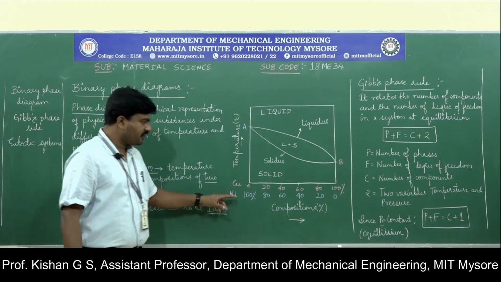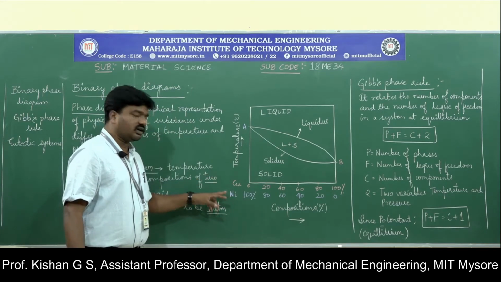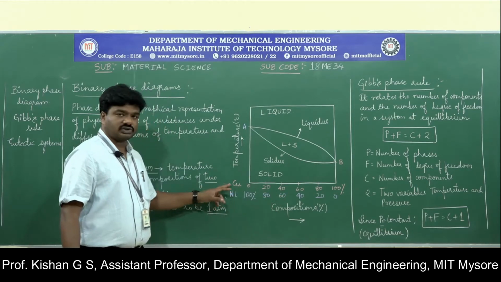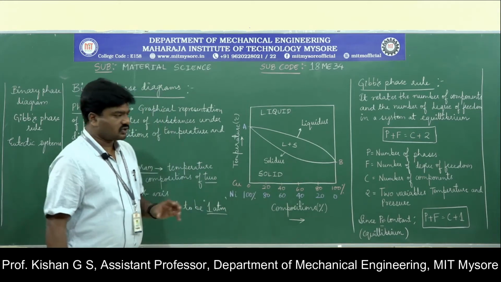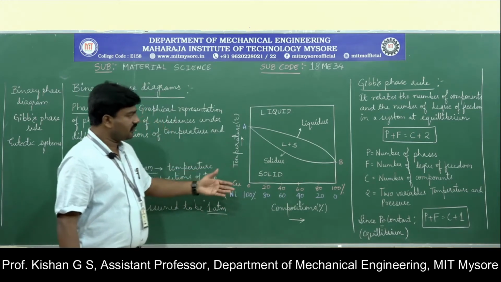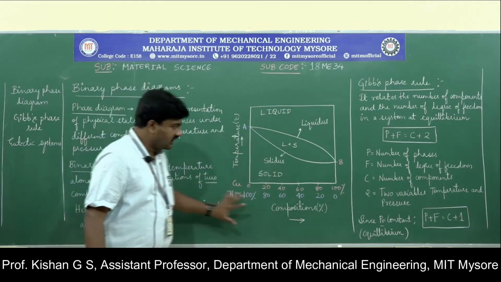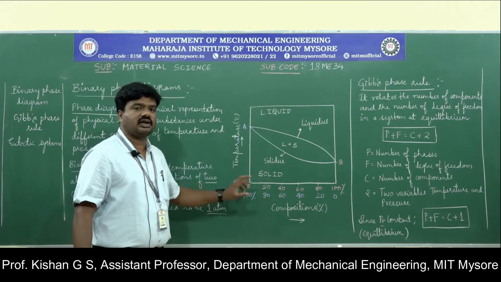Here you can observe we have represented the nickel and copper combination. Nickel is represented along the blue line, whereas copper is represented along the pink line. Along the x-axis, we find the combination of the materials, nickel and copper.